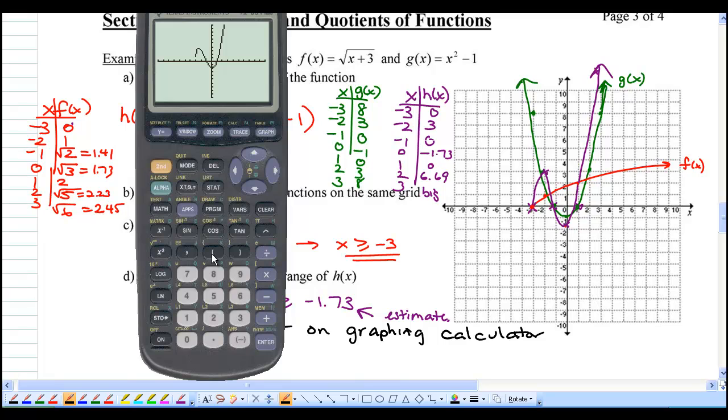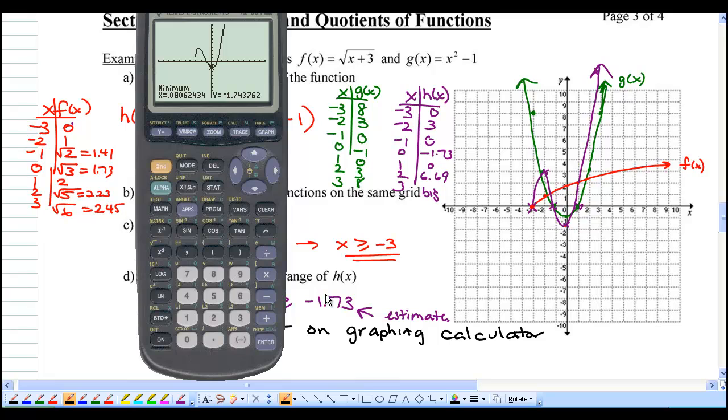And then to find the minimum, I'm going to use the calculator's help, second trace, to give you the calculate menu. We'll choose number 3 for minimum, and then we'll move to the left of the minimum. Press enter. We'll move the cursor to the right of the minimum. We'll press enter. We'll press enter again, and there you go.